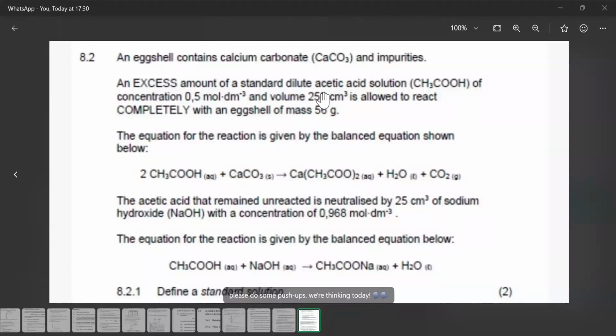But then the number of moles in excess of the acid, we are going to get them by using the information about sodium hydroxide. Then if we know the number of moles that are available at the start, and we also know those that are in excess, then we can actually find the number of moles that reacted with calcium carbonate, or those that are used to react with calcium carbonate. So let's go ahead and do that.